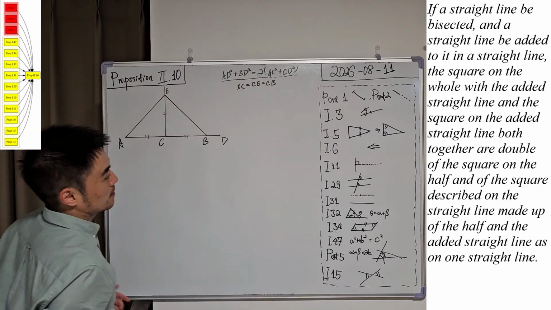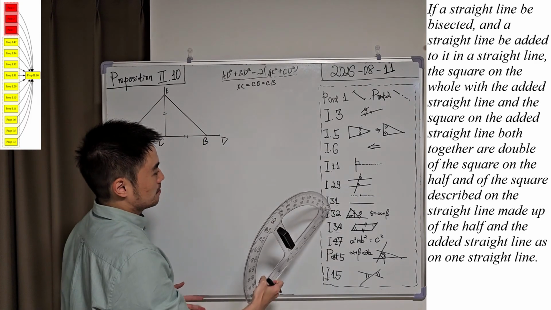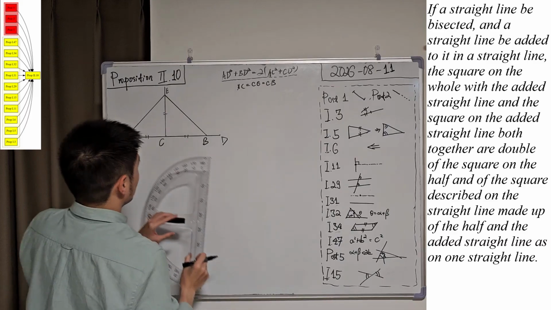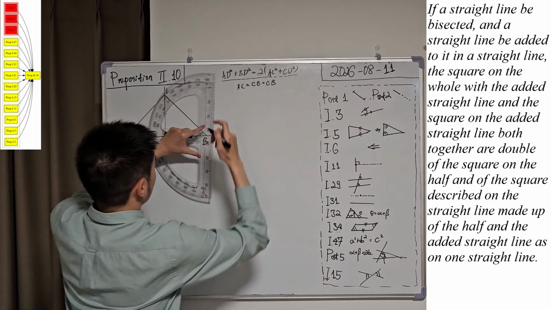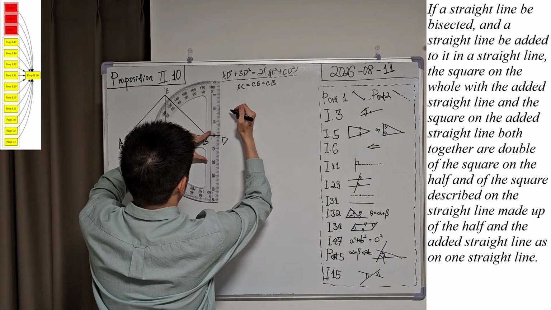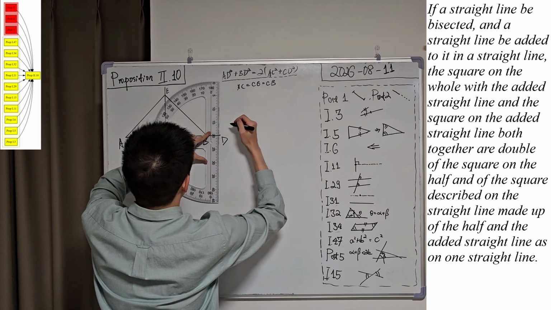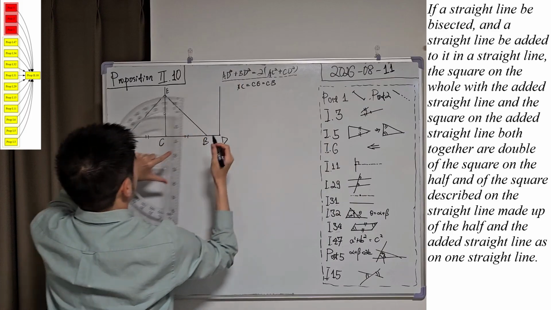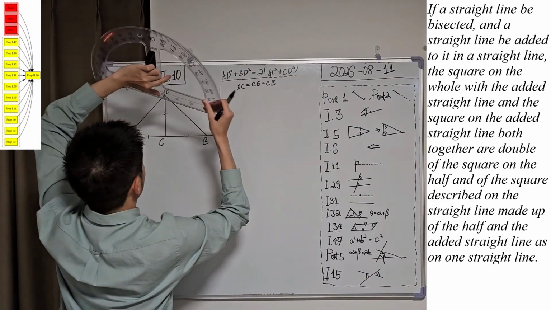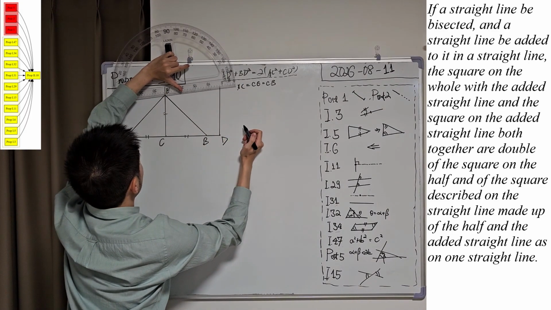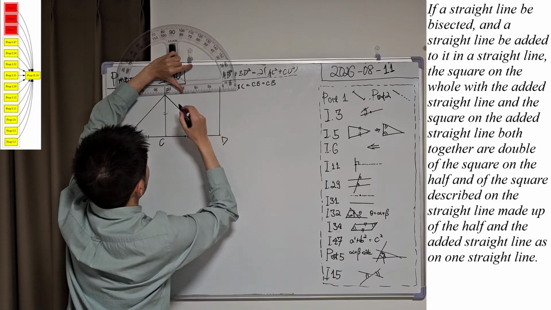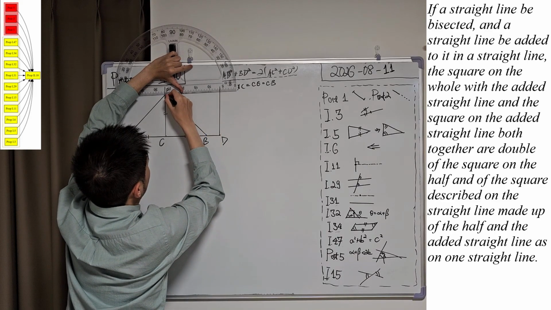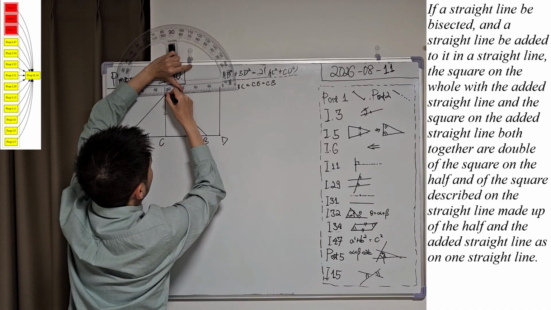Correct. And then let's apply proposition 31 from book 1 to construct two straight lines respectively. The first one is a straight line through point D that is parallel to CE, okay? And another straight line is here through point E that is parallel to AD.